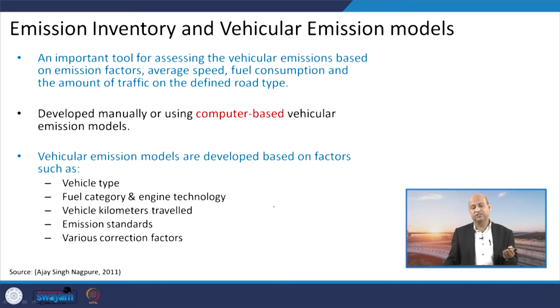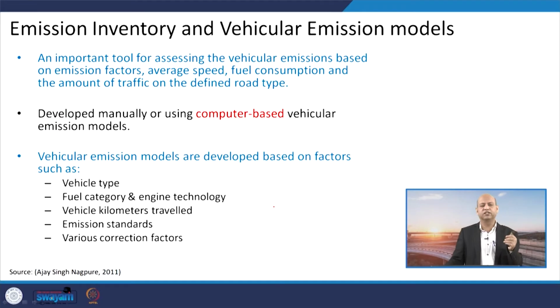And then emission standards, like there are certain norms, Euro 1, Euro 2, Euro 3, Bharat Stage 1, Bharat Stage 2 in India. We are talking about BS 6 or Euro 6, from BS 4 leapfrogging.